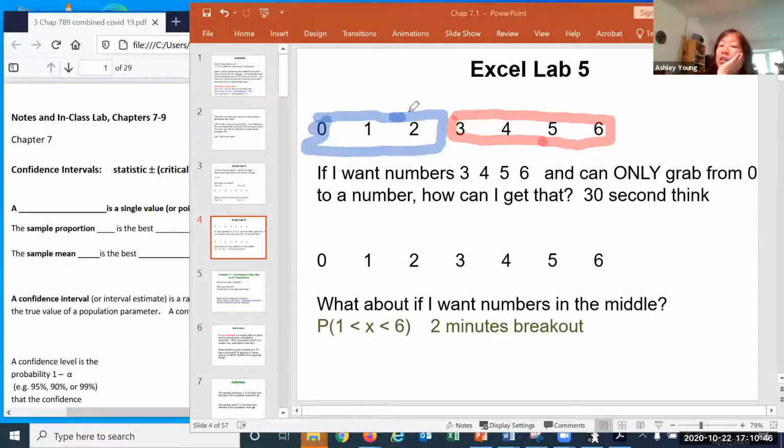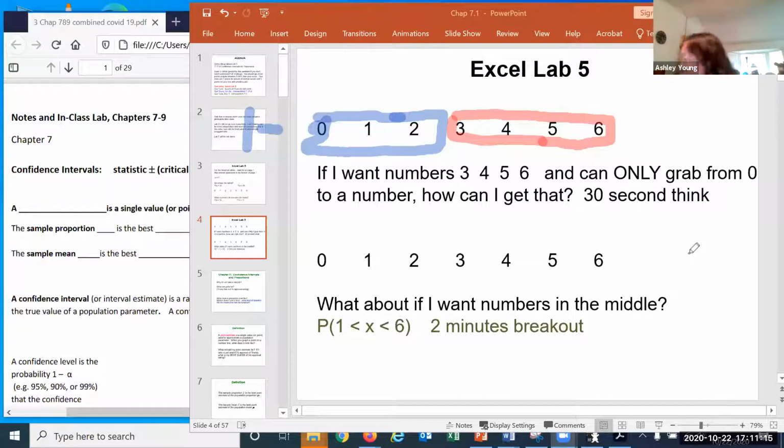And what do I know about the red and the blue combined? If I add the red and the blue together, what should I get? 1. Purple. Perfect. So if I take 1 and I subtract the blue part, I will get the red part. Does that make sense for people? 1 minus the blue part equals the red part.